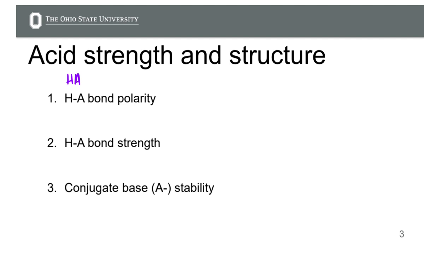It could be a strong acid, it could be a weak acid, but the acid is going to be represented by H for the proton and A for whatever is bonded to it. The first is bond polarity, and you may recall writing bond polarity like this, where we have a partial positive charge, in this case on the hydrogen, and a partial negative charge, in this case on the other stuff bound to the acid.